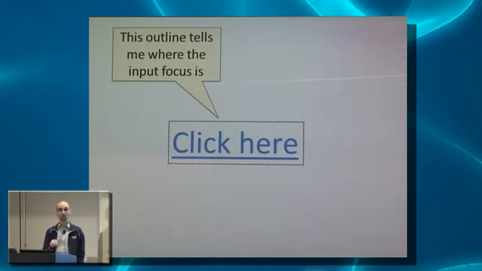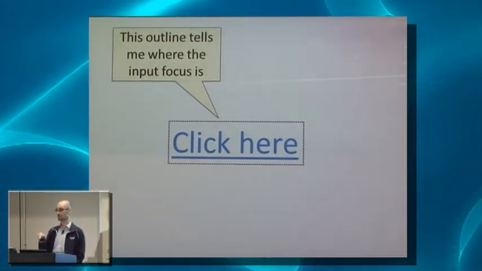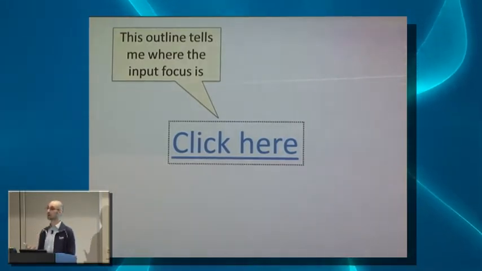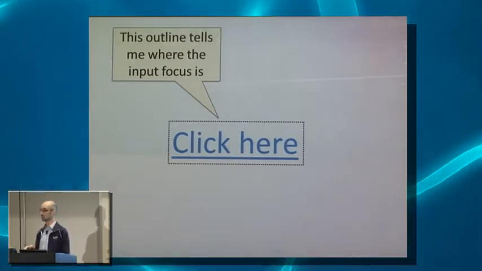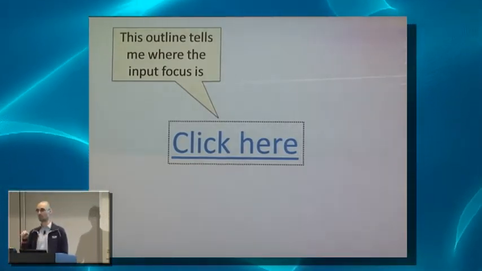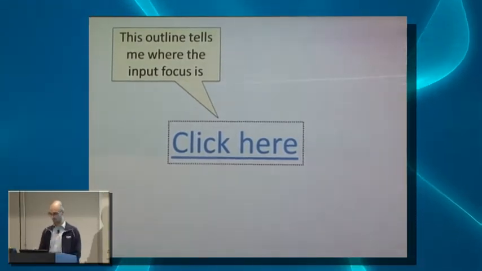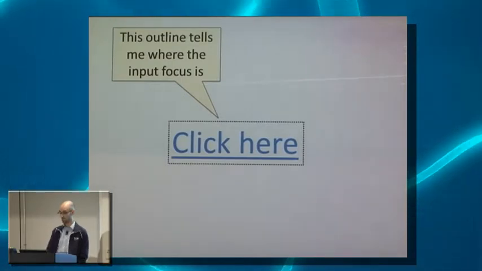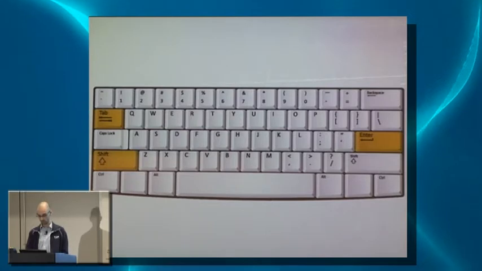What that means is whatever keys that I'm typing, that's the element that's going to get those keystrokes, right? And so because I'm not using a mouse, I need to know where that input is going to go, because I'm not moving a mouse and clicking a button. Right? I'm trying to get to that button in a different way. And focus is the way that I navigate around web pages. And I do that using 3 keys, basically.